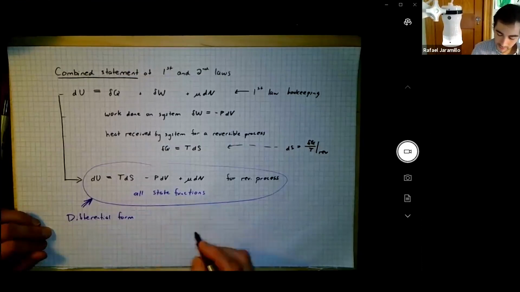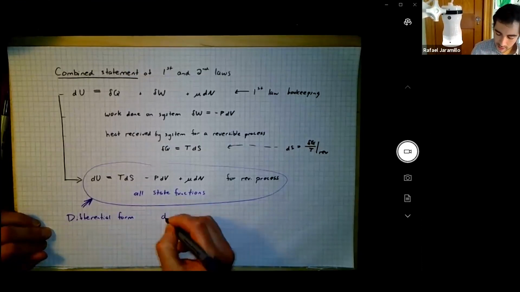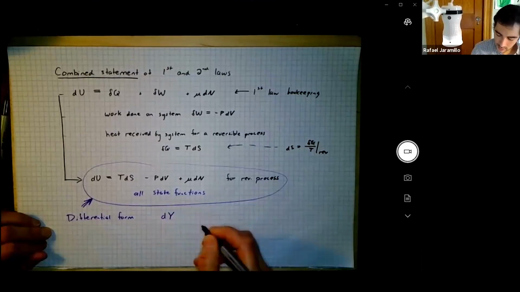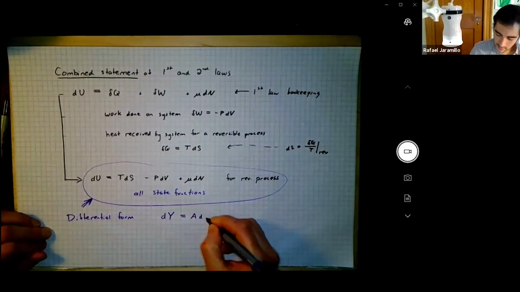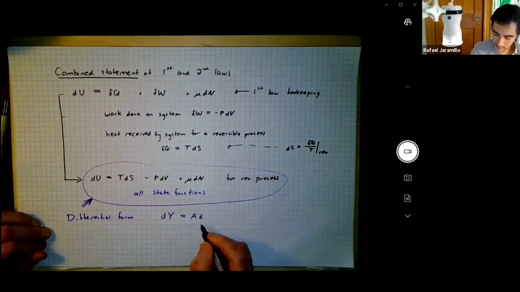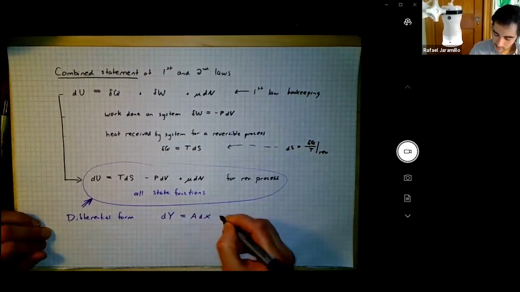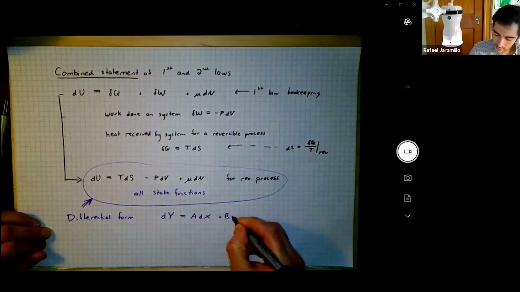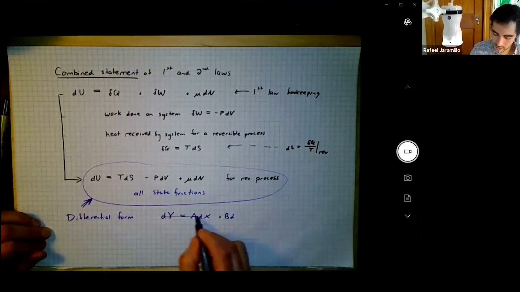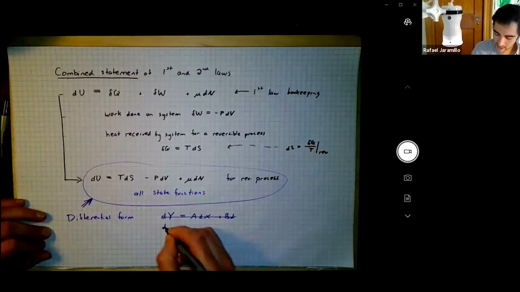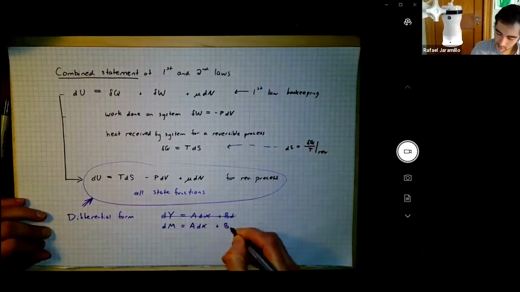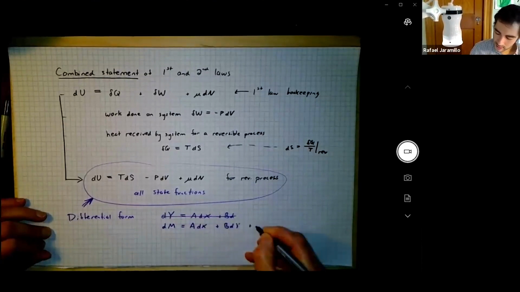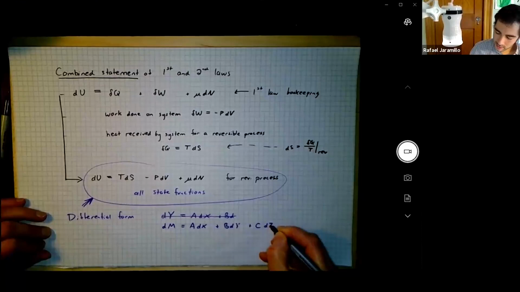This is a differential form of the general type dm equals a dx plus b dy plus c dz plus so forth.